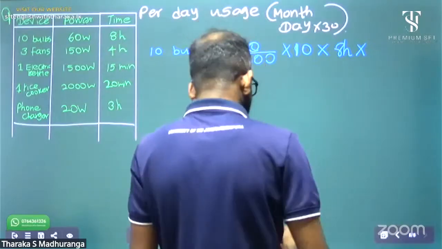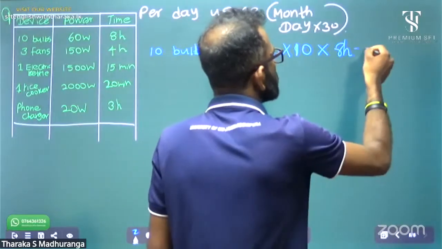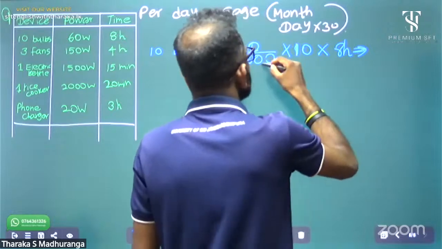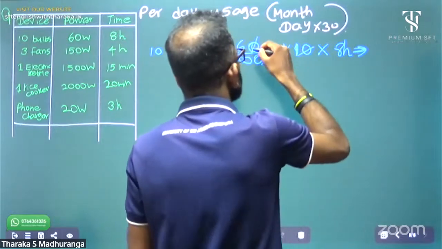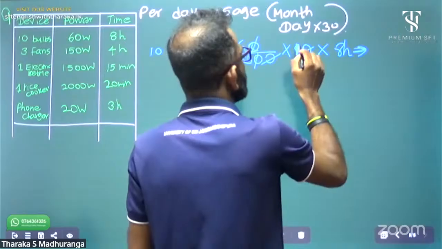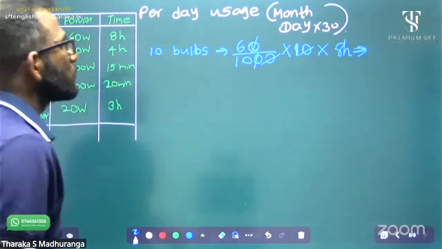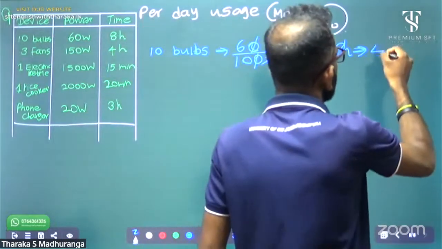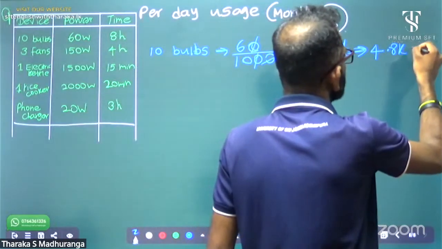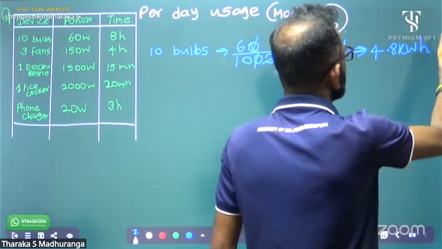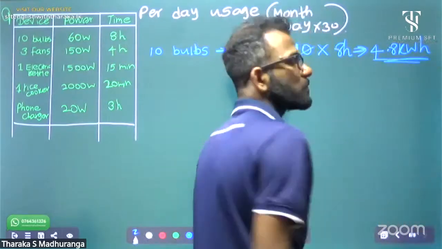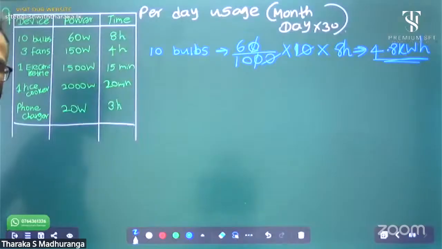Let's do it in days. Then 0 and 0 cancel. 6 into 1, 6. 6 into 8, 48. 48 over 10, 4.8 kilowatt hours. I got that.